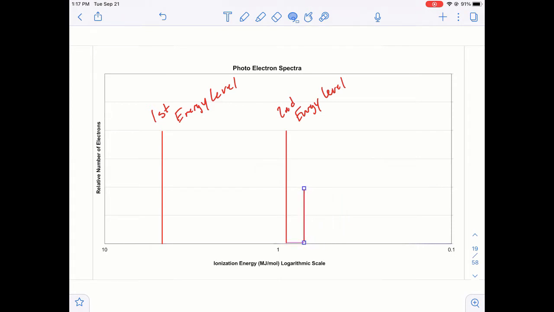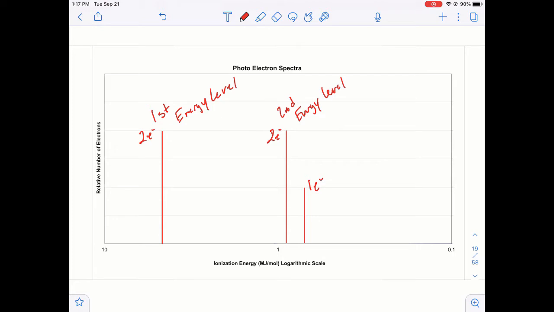Now the height of this shell here represents two electrons. And this height represents one electron.